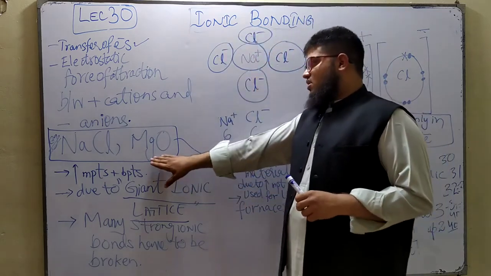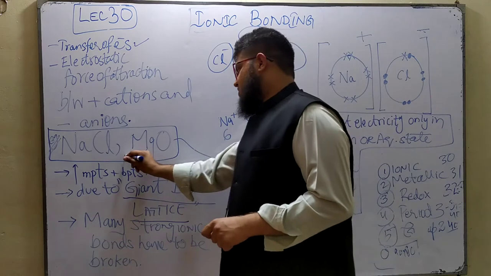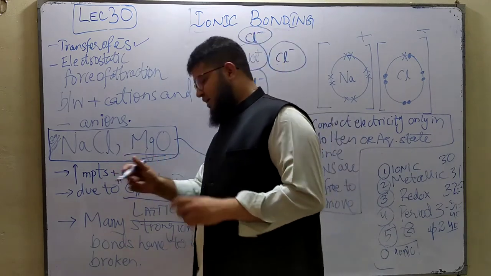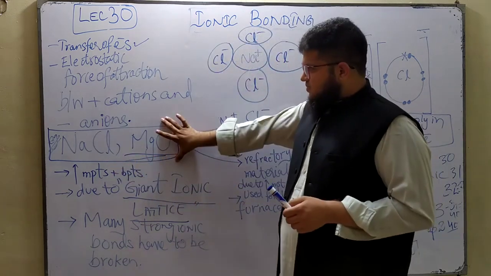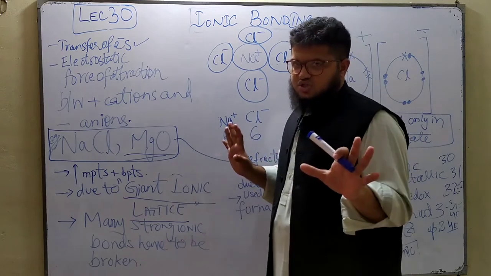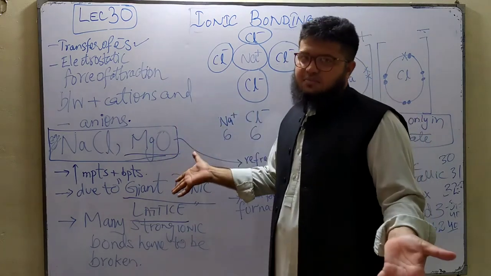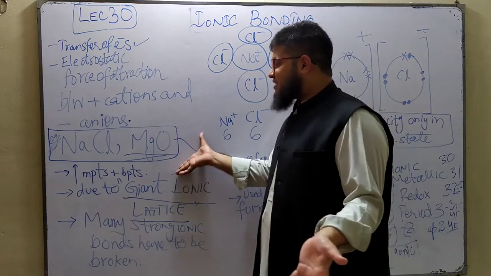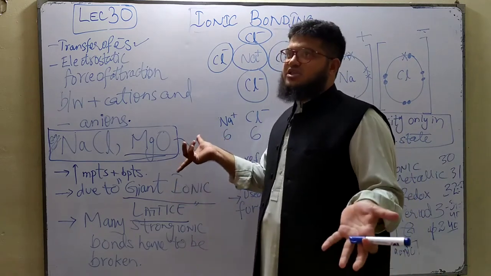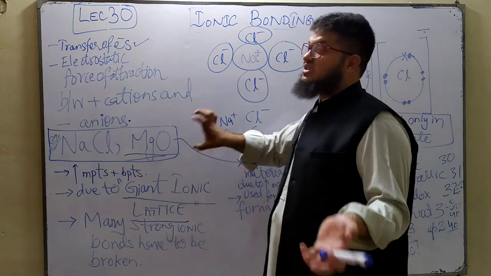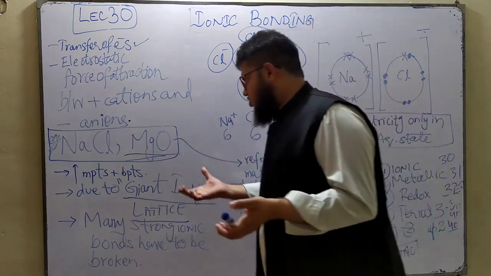A very common question regarding magnesium oxide tested in past papers is that the examiner tells you in the question that magnesium oxide has a high melting point, and you have to suggest a use of magnesium oxide.